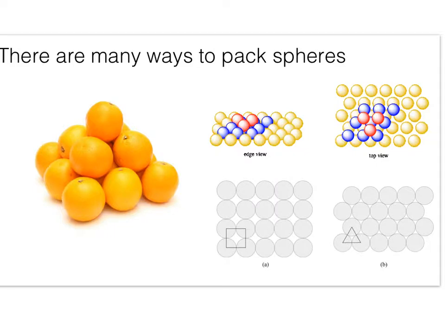When we're talking about packing these atoms together, once again, atoms are very spherical-like, and we're talking about positive and negatively charged ions that are electrostatically attracted to one another, so they are kind of glued to one another. But there are actually quite a few different ways to pack spheres.